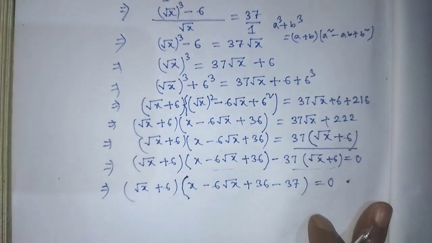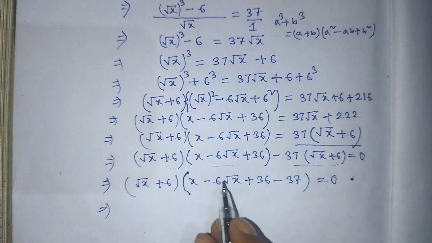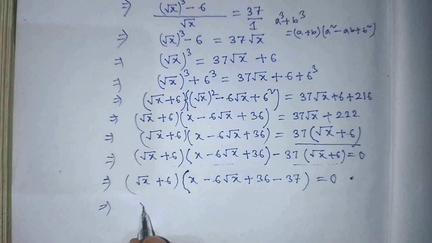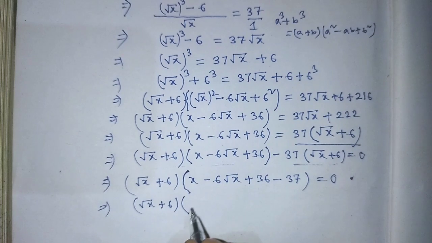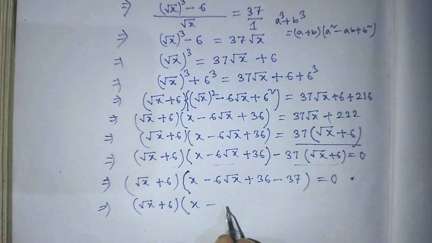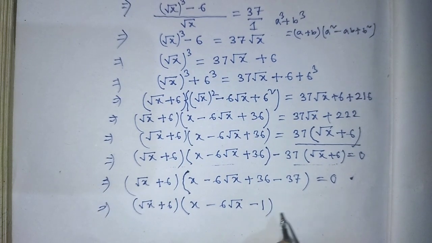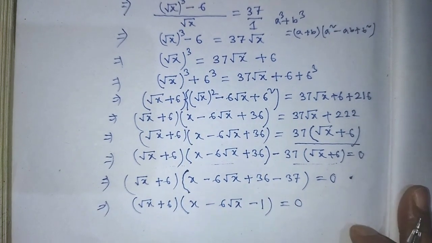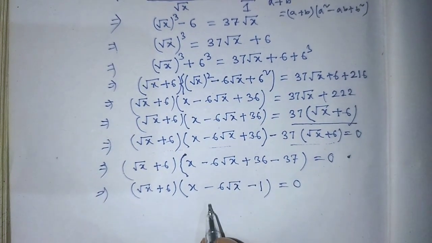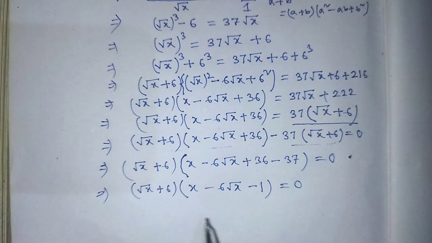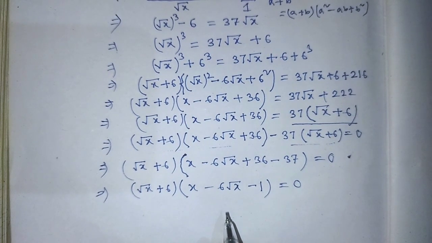So student, we can write from this algebraic expression root x plus 6, and inside this first bracket we have to write x minus 6 root x minus 1 is equal to 0. So student, to find the value of root x from this equation, we have to apply the zero product rule.